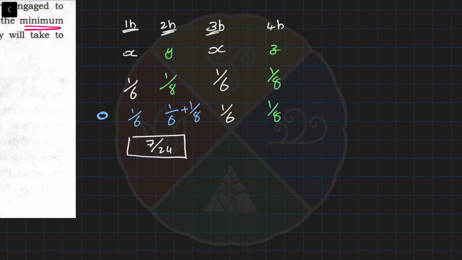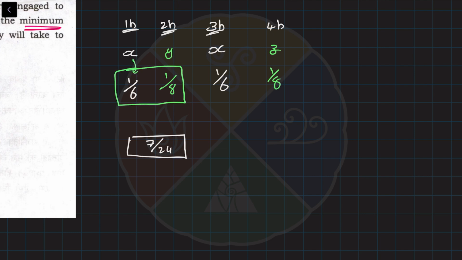So you see, if you look at over here, in the first 2 hours, this much work has been done. 1 by 6 was done by X, 1 by 8 was done by Y. That is 7 by 24. In the third and fourth hour, or the second 2 hours also, X will be doing 1 by 6 and Y will be doing another 1 by 8.